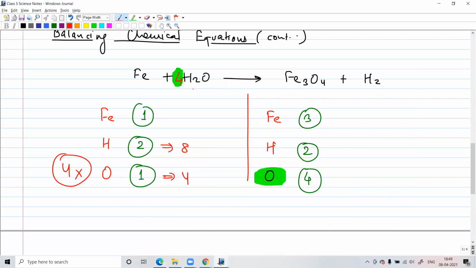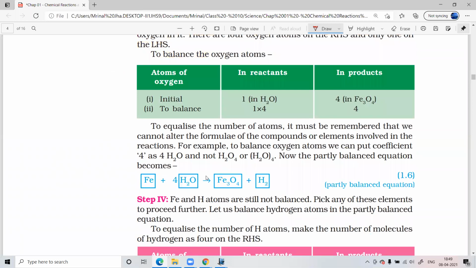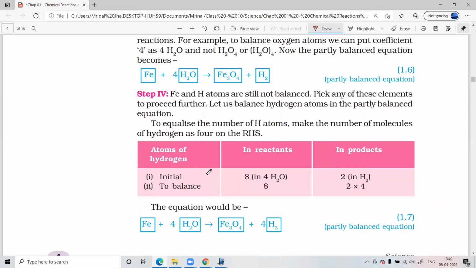So 4 molecules of water we have taken. And when that happened, the structure changed again. So how many atoms of hydrogen? Initially there were only 2, but now it is 8. So in the reactants it is 8. In the products it is 2.